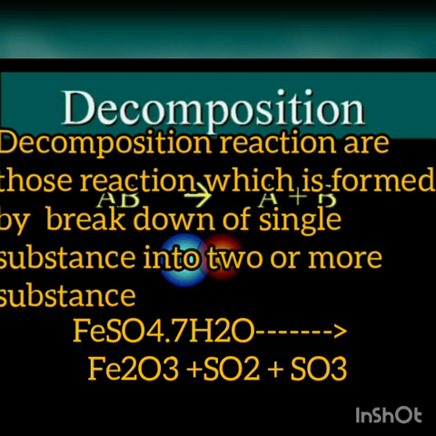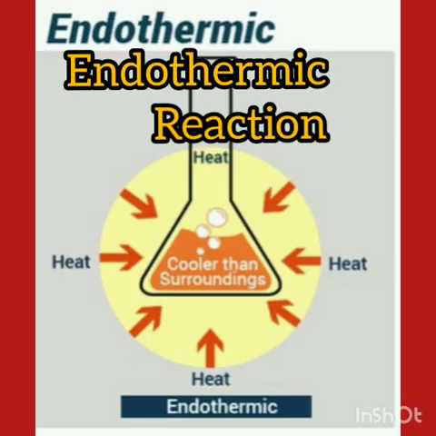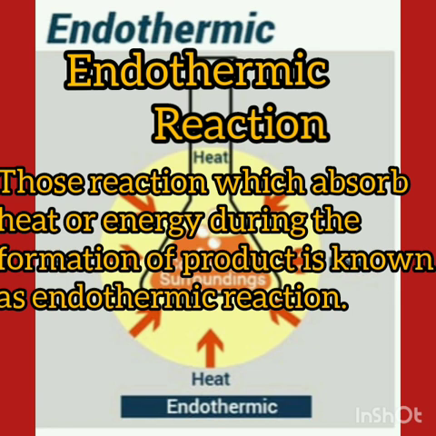It means ferrous sulfate crystals lose water and form Fe2O3, that is ferric oxide, plus give a smell of sulfur. Those reactions which absorb heat or energy during the formation of products are called endothermic reactions.